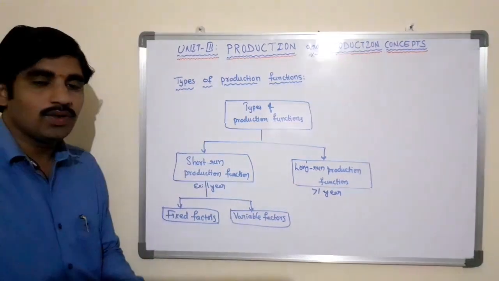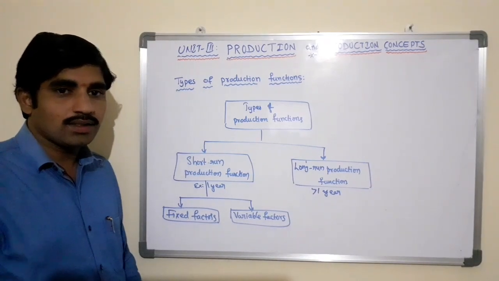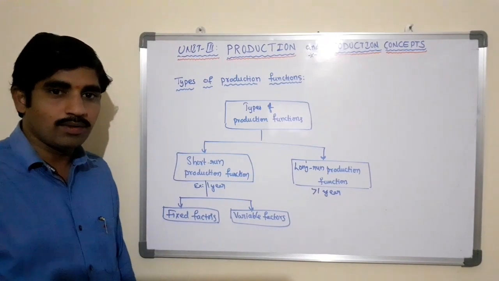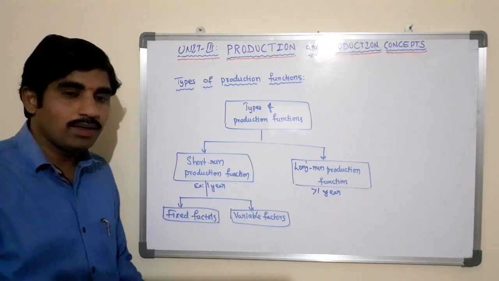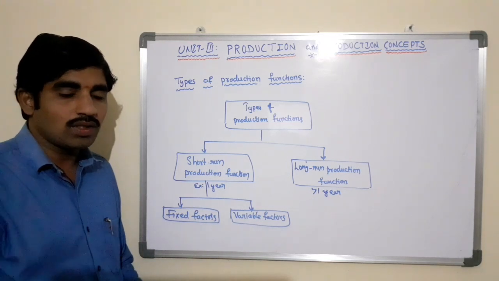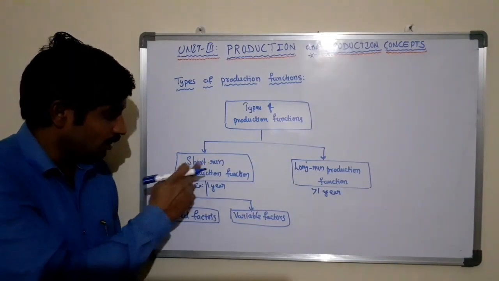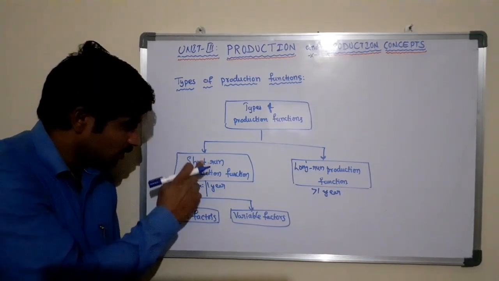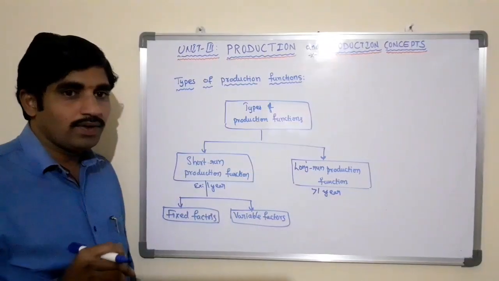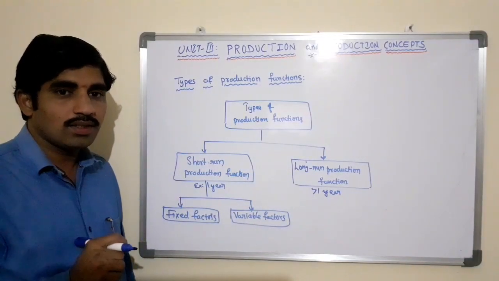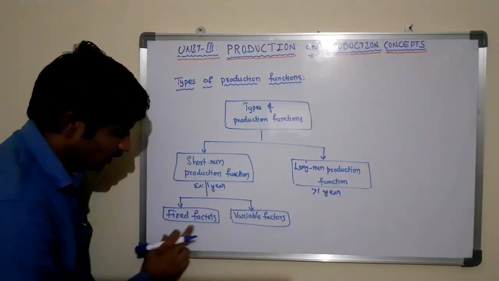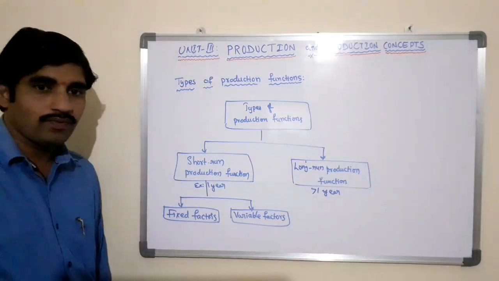See, as we know that here the input factors are not constant at any time or every time. So there may be changes for the short period and the long period. So based on the time period, in short run production function, the inputs or the resources are classified into two, that is fixed factors and the variable factors.